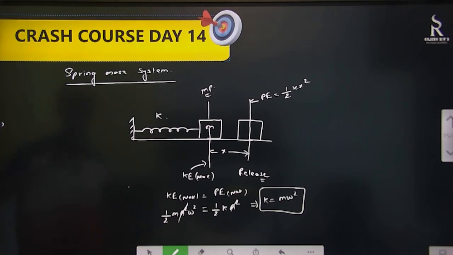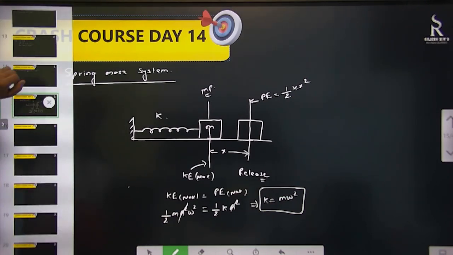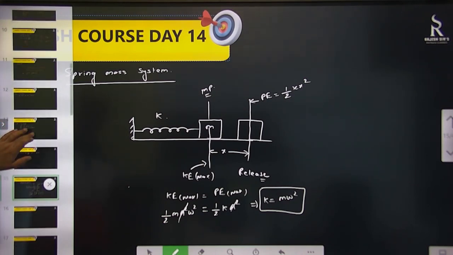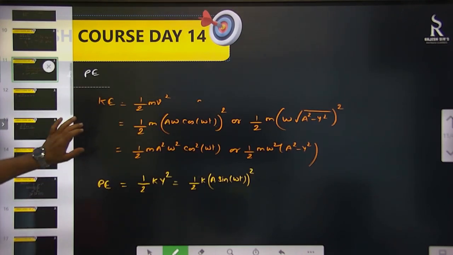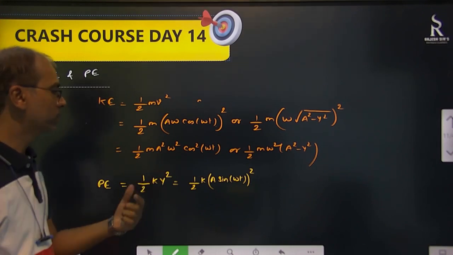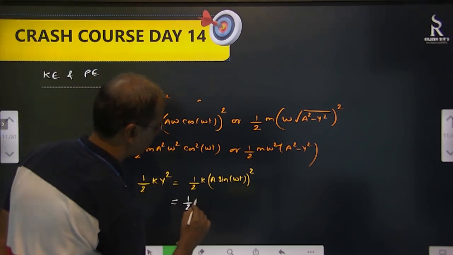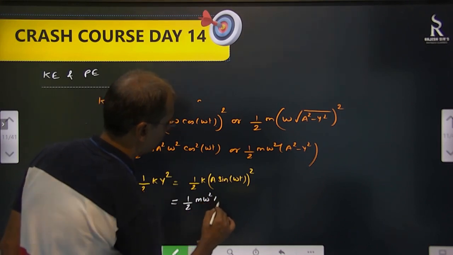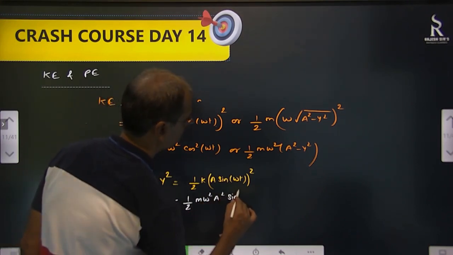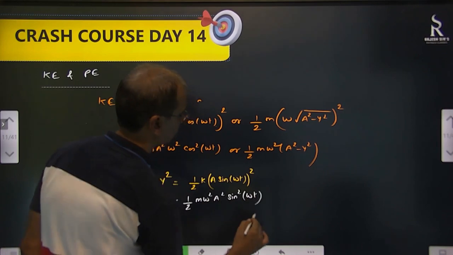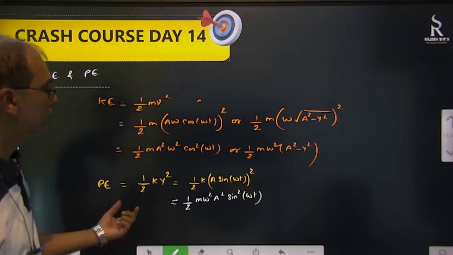Okay. So let's go back here. We have written half k y square. Now what is k? m omega square. So half m omega square a square sine square omega t. This is potential energy.